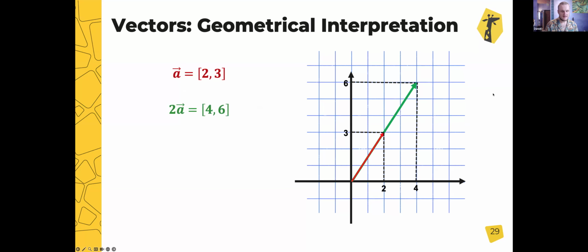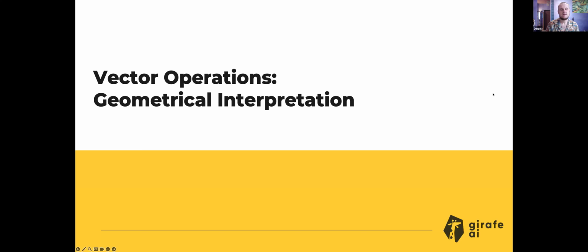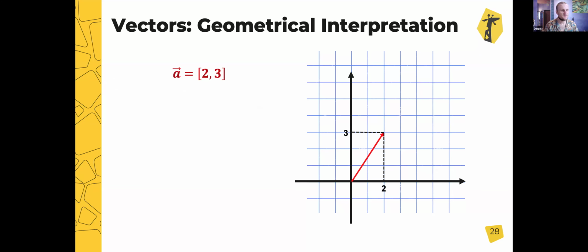Okay, like most things in math, this has geometrical interpretations. What are those? When we talk about vectors, we can picture a directed arrow that starts from the origin and lands somewhere at some point, and this point is described by the set of coordinates. We can scale it, right?